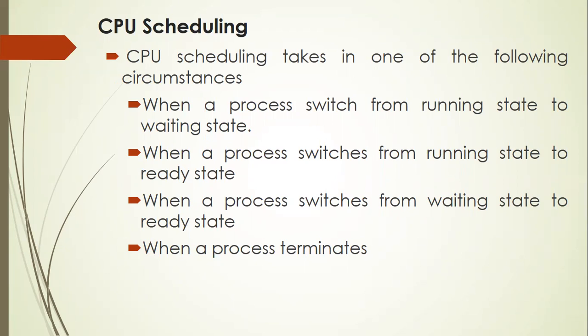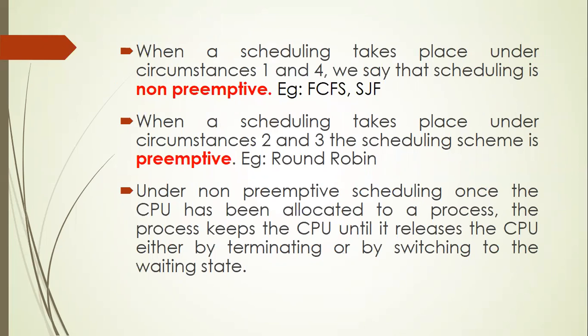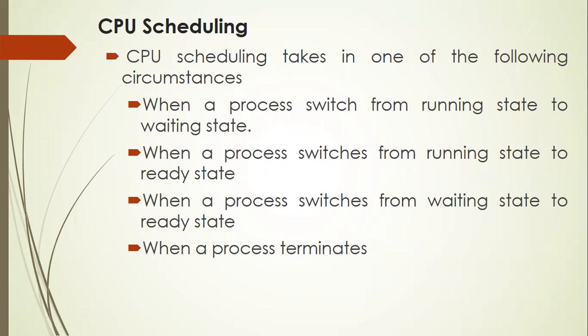Based on which of these circumstances occur, CPU scheduling algorithms are broadly classified into two types. One is non-preemptive algorithm, the other one is preemptive algorithm. The difference between these two is whenever CPU scheduling takes place in the first situation or the last situation, that is, when a process switches from running state to waiting state or when the process execution is terminated.